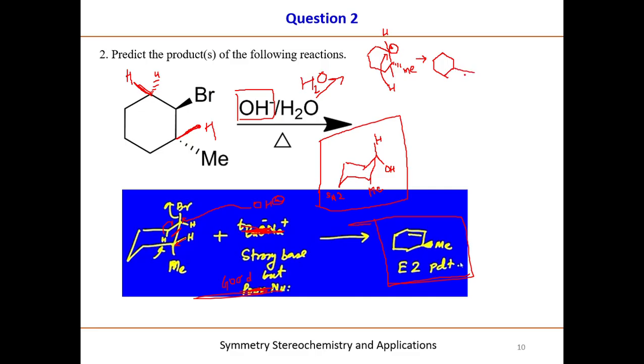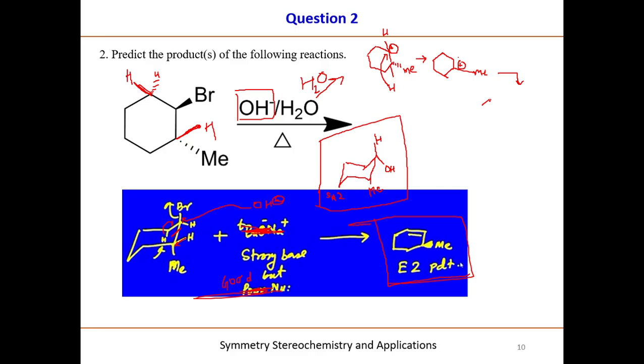Here again the possibility is there: the nucleophile can attack from the front side as well as from the back side. So here we will get two different products with the SN1 pathway.